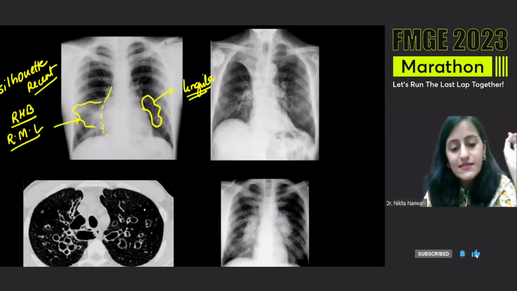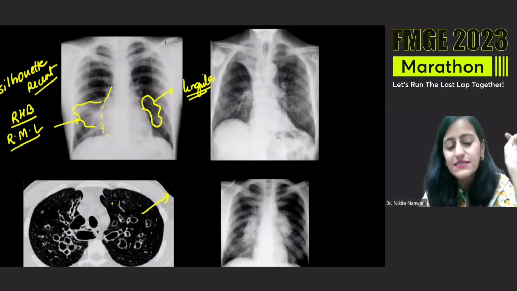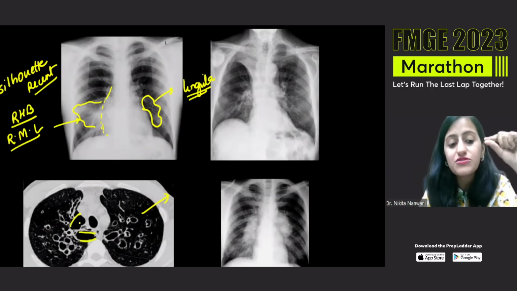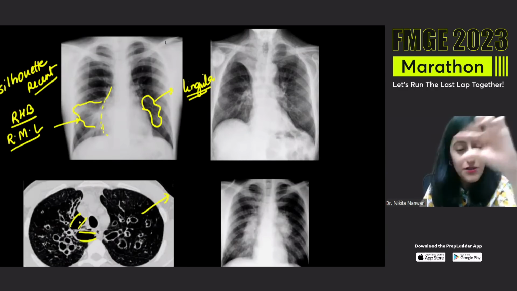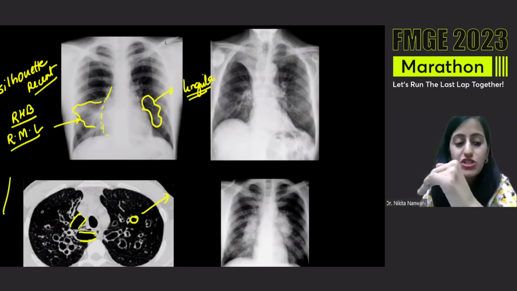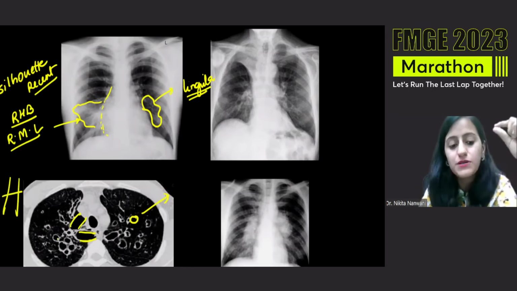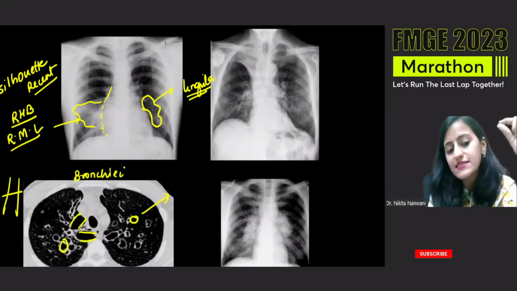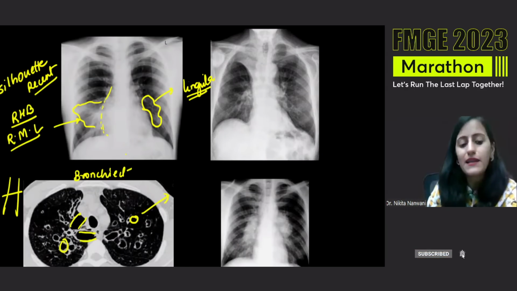What is this image showing here, guys? What do you think is the diagnosis here? These are all air containing tubular structures, some appearing like the tram track sort of thing, some appearing circular in cross section. When I take a cross section of a tube, it would be rounded. So this is bronchiectasis, which is within the lung parenchyma.